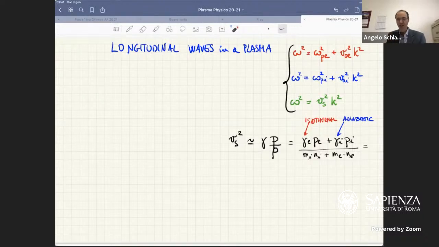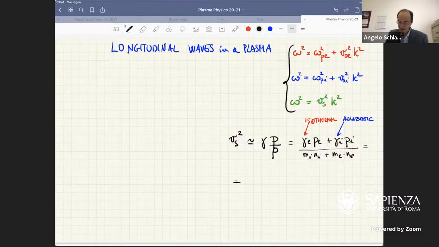The initial state is the equilibrium state, and the final state is the perturbed state where the oscillation is taking place.